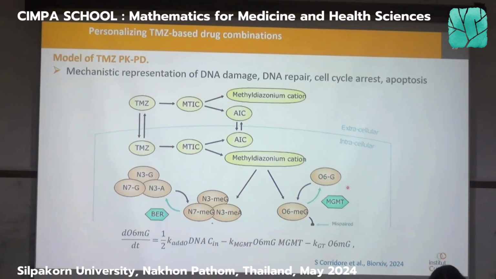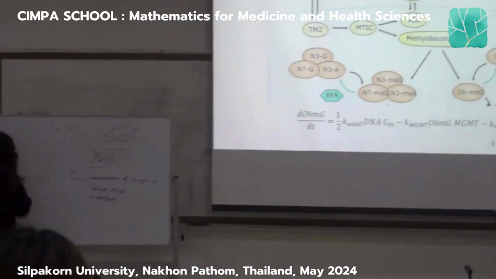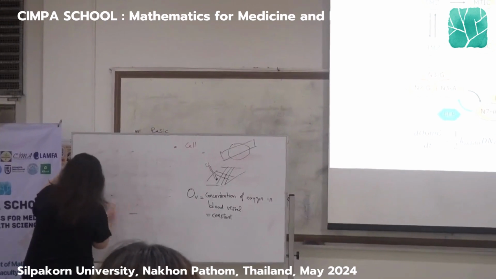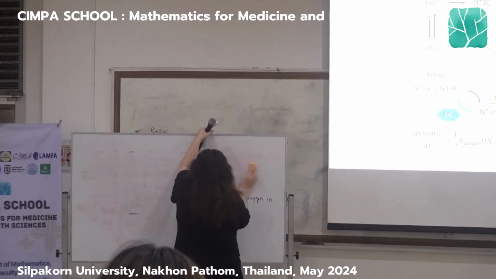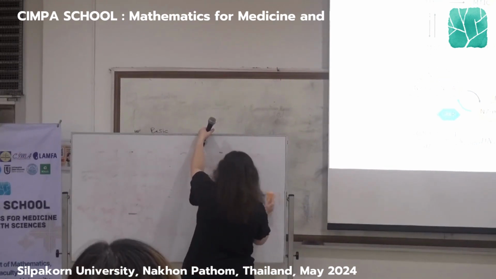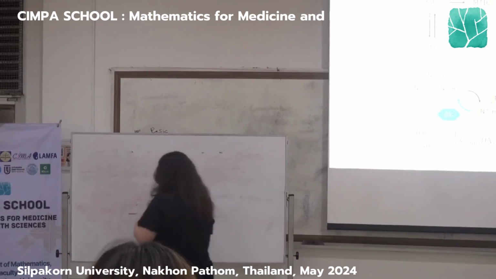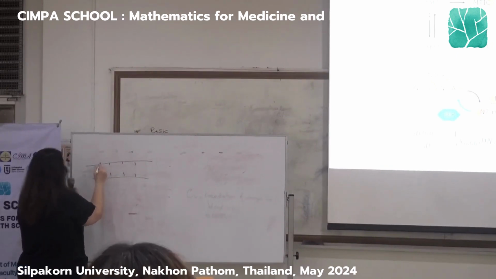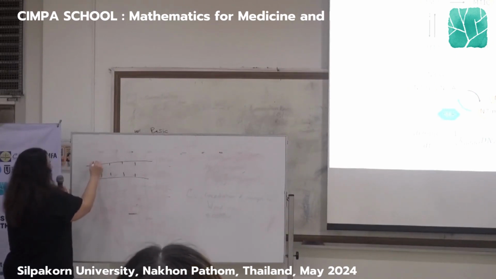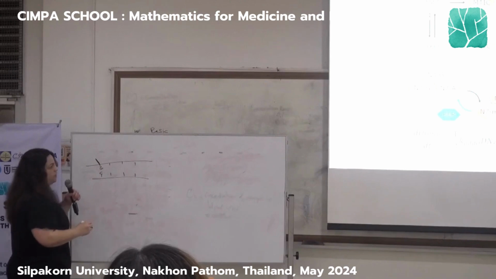And so basically what I'm showing is that, let me draw this. You have the DNA with the bases like this, and let's say you have a G here, a C here. Basically what the cation will do is attach something here, which is a methyl group.